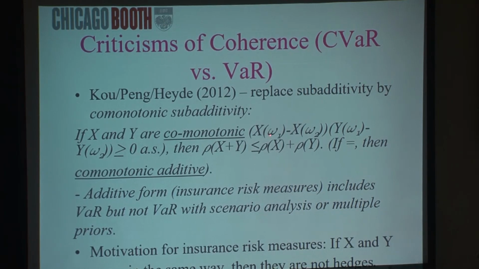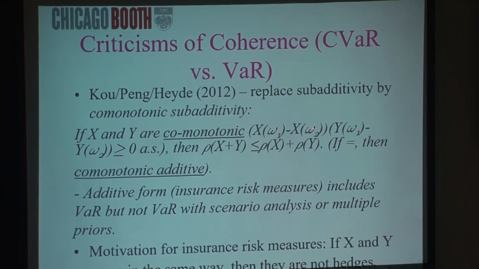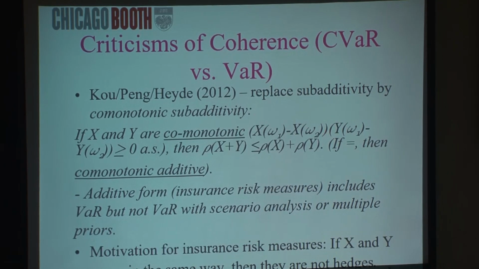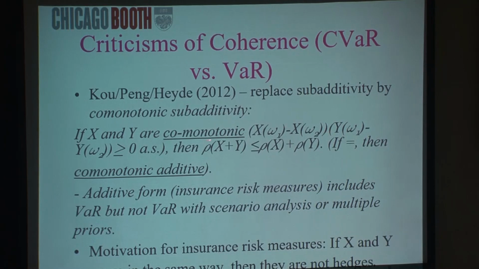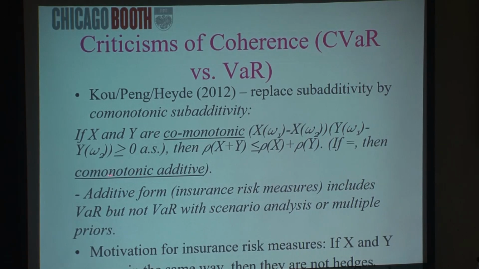So whenever an event is better for x, it's also better for y. As long as they have this property, then they have the subadditive property. So they say this is a more natural thing.